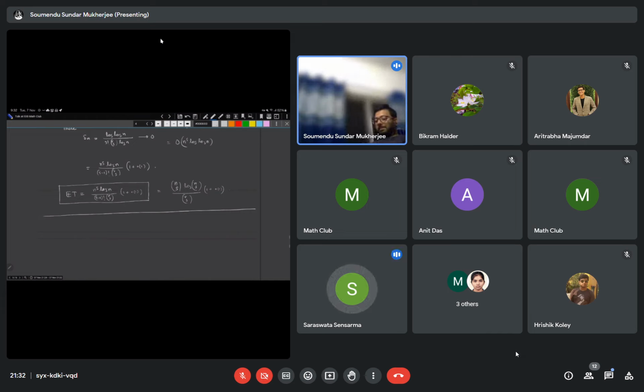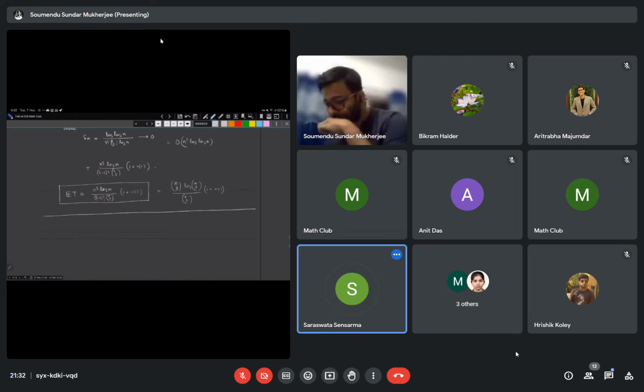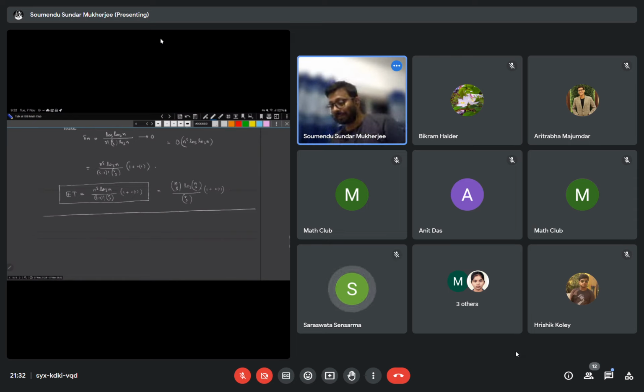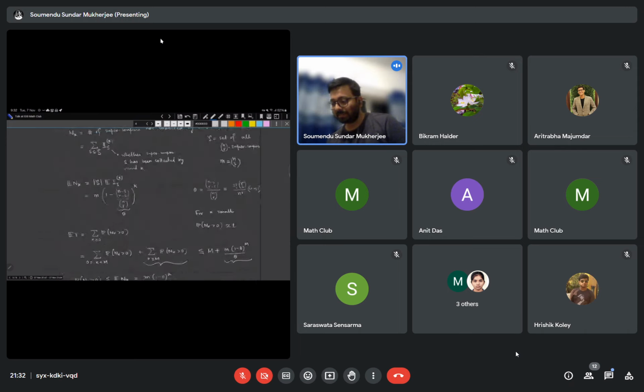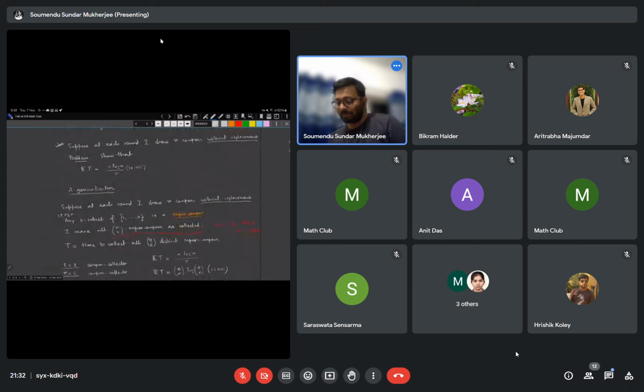This is almost exactly like the coupon collector problem, just on different coupons. But the proof is much more complicated because of the constraint that the super coupons that you collect in each round, their union is an r-subset. So they are not arbitrary super coupons.